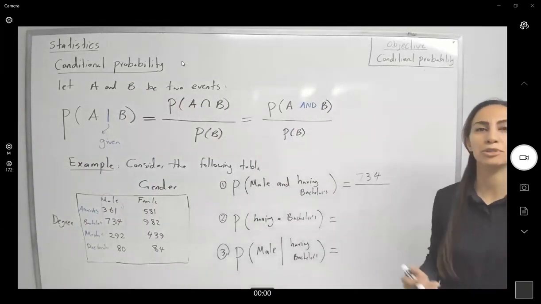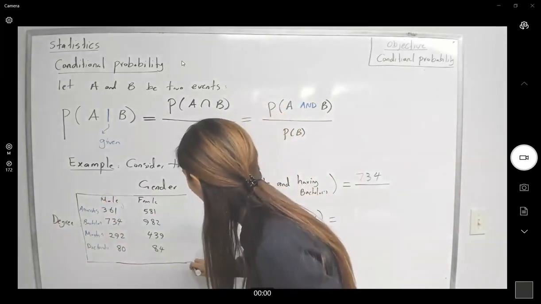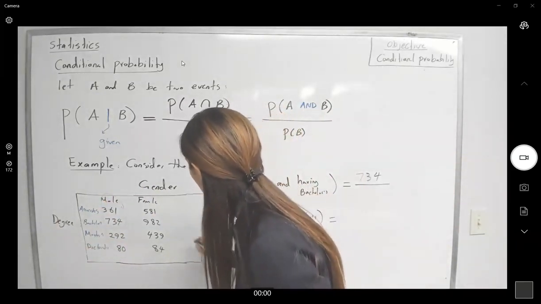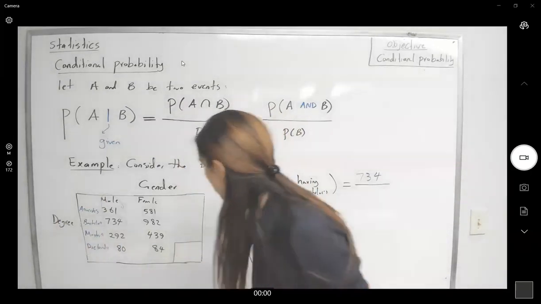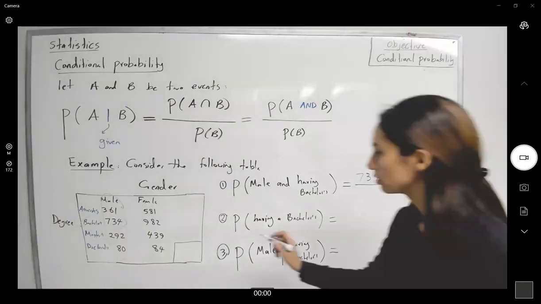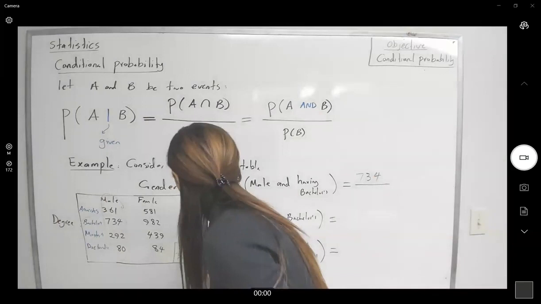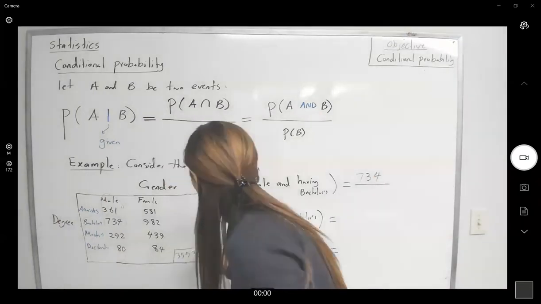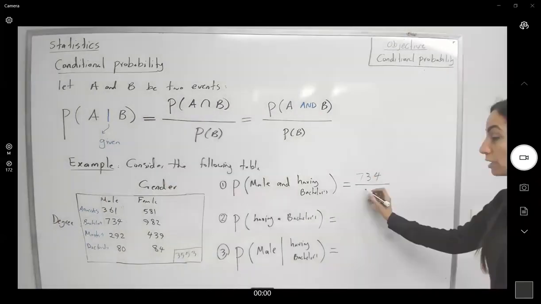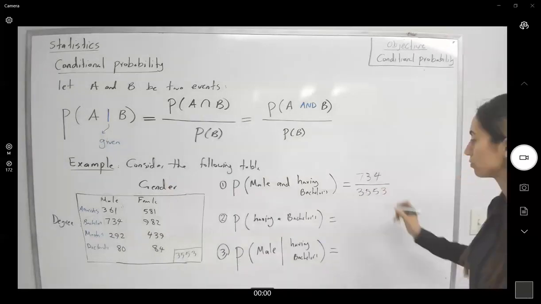What is the sample space? The sample space is the total of people who participated in this survey. It's going to be 3553. So 3,553 people participated in this survey, and you're going to write this down on the denominator.